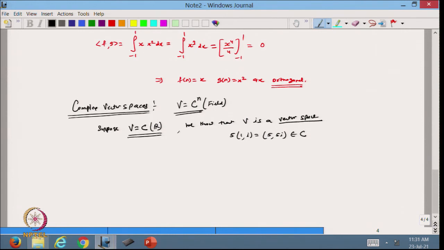So, everything we can check, that this is a vector space. Here I am taking the field as the real numbers. Now, I want to define its basis.